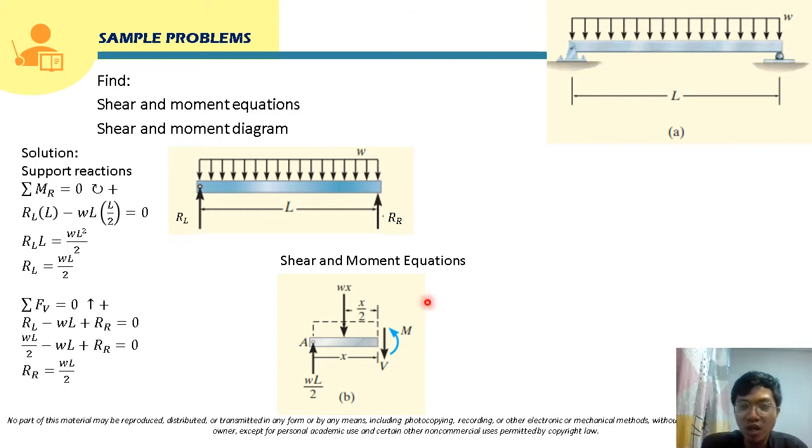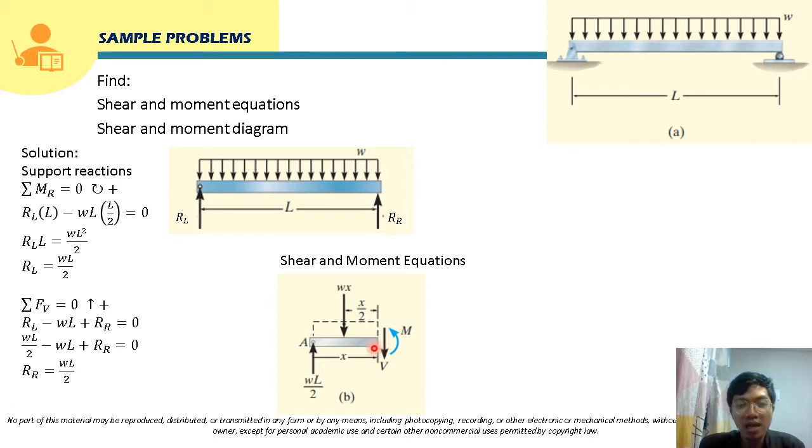Okay, so class, we are going to consider either this left segment or this right segment. But in this case, we are going to consider the left segment of the cut section.